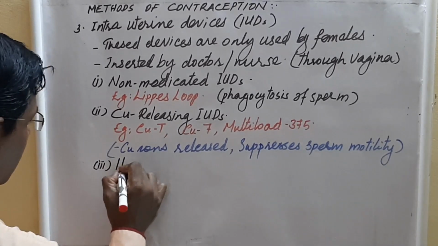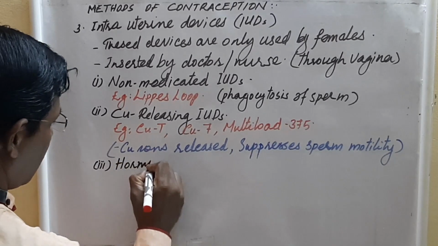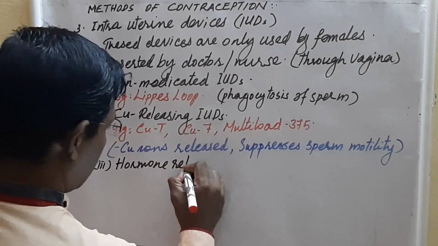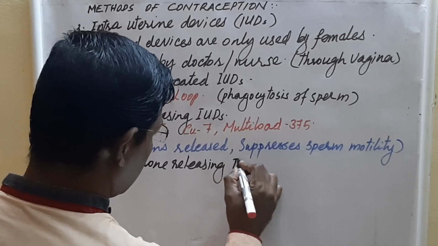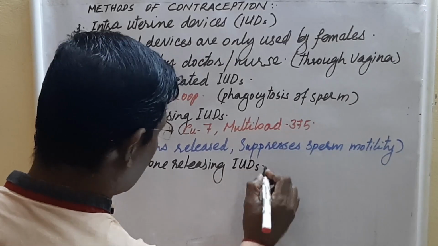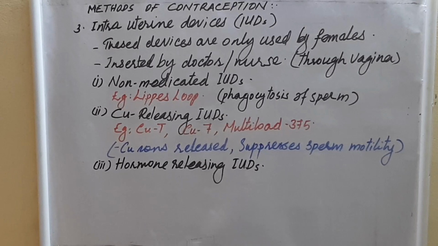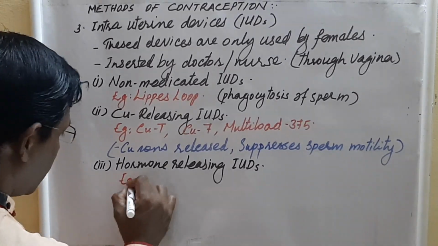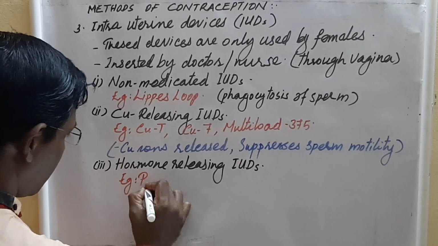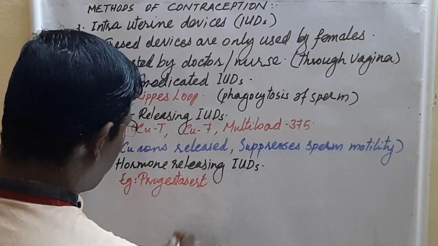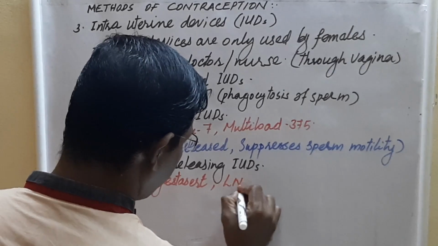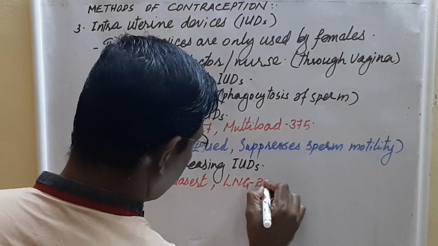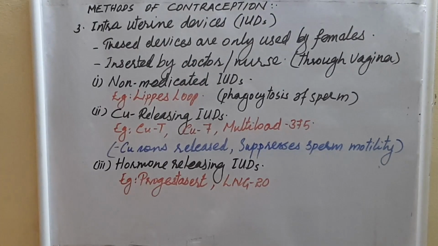And next is the hormone releasing IUDs. Examples are progestasert and LNG20. These two are the examples of hormone releasing IUDs.